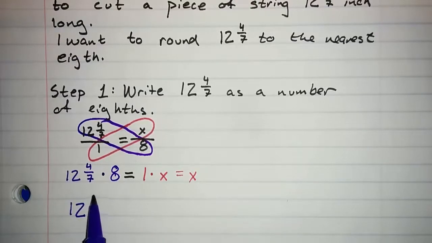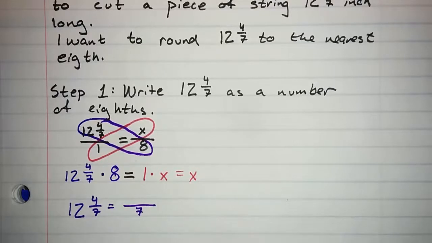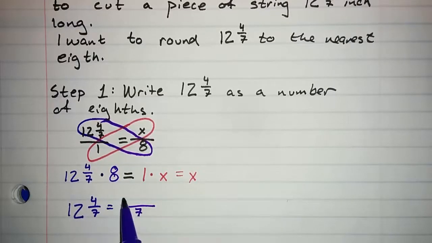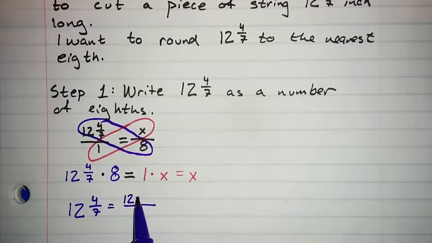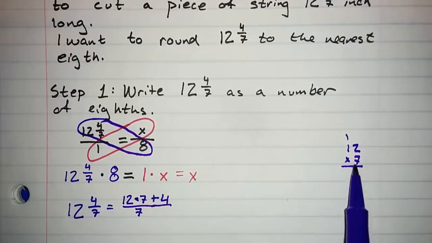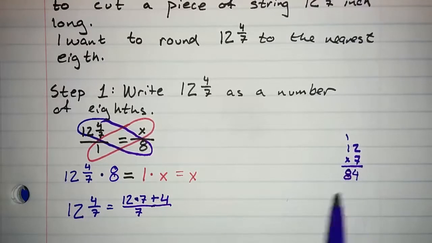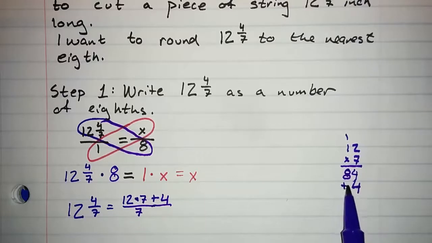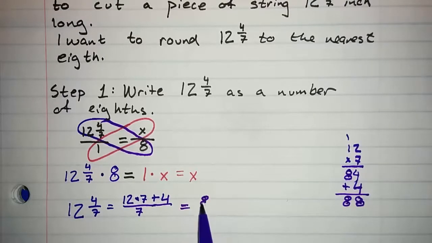So 12 4/7, well, that's going to be some number of sevenths. How many? Well, 12 whole things each get cut into 7 equal parts. Add in the 4/7 I started with. 7 times 12 is 84, and adding the 4/7 that I started with, I get 88 sevenths.